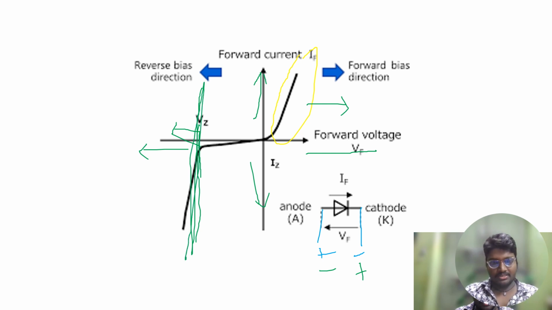This is one of the drawbacks in the PN junction diode, but it is one of the good qualities for the zener diode. Whenever there is an excess of voltage, it will cut off the range and make the devices safe. So that is all about the PN junction diode.